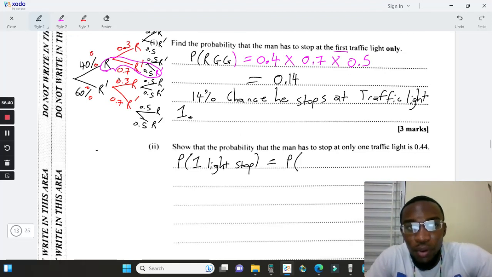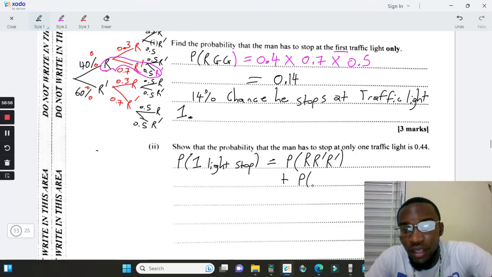It could be the one we just worked out, red, then not red, then not red. Plus, it could be not red first, then red second, then not red.